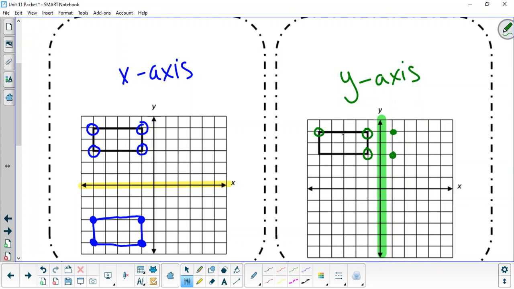Here we got 1, 2, 3, 4, 5. And this one, 1, 2, 3, 4, 5. And connect your lines.